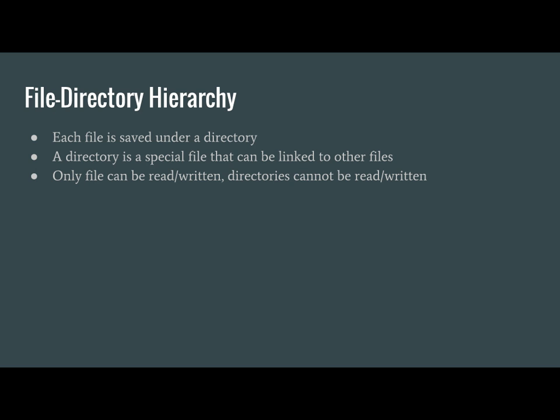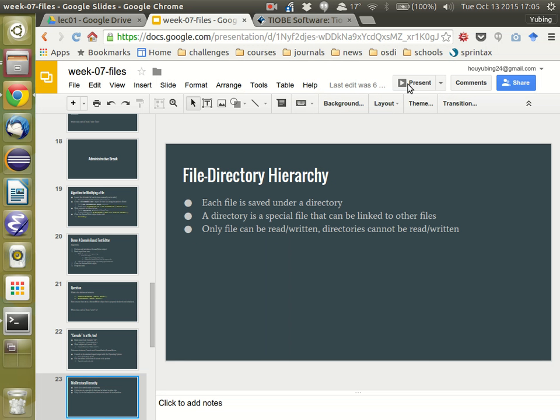What is a directory? Well, a directory is a special file that has no content in it, but is linked to other files. Only files can be read and written, and directories cannot be read and written. So, what does that mean?